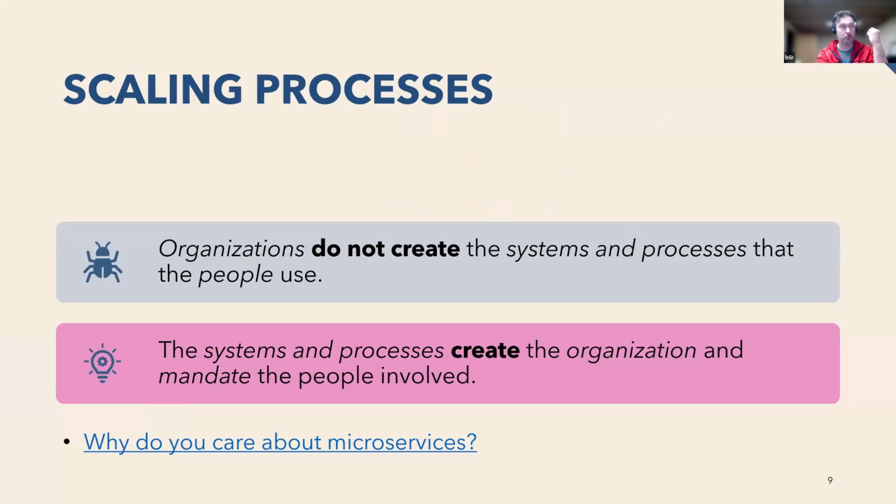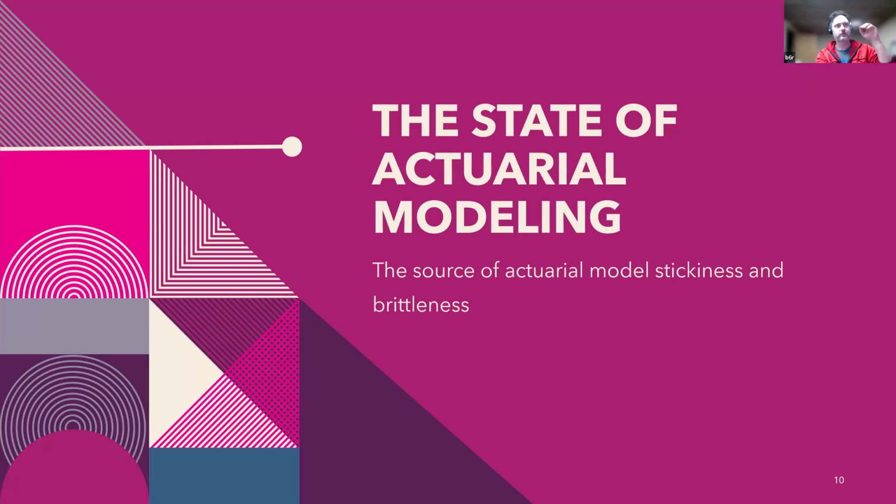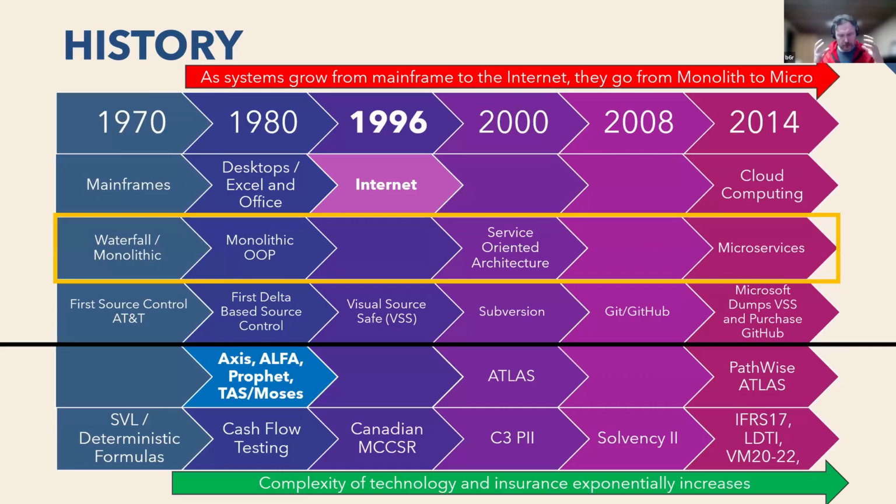And by the way, if you want to see a good presentation on this, I suggest you watch Brandon Burns' "Why Do You Care About Microservices" on YouTube. Fantastic presentation. Okay, so the state of actuarial modeling, why things are so sticky and brittle. One of the things I want you to get a sense of is why we're in this situation.